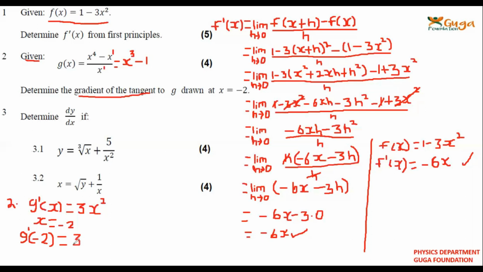So we just substitute 3 into -2 squared, which equals 3 multiplied by 4, which is equal to 12, isn't it?